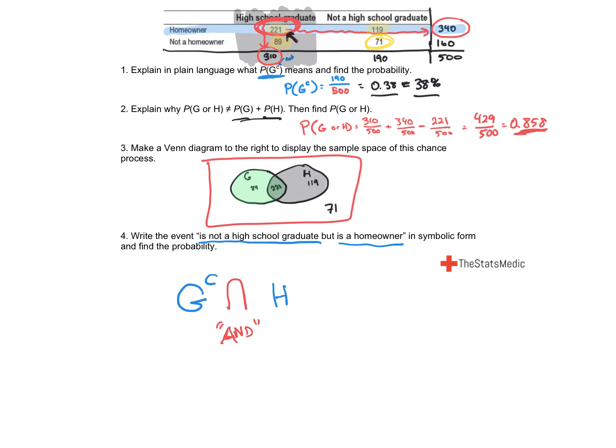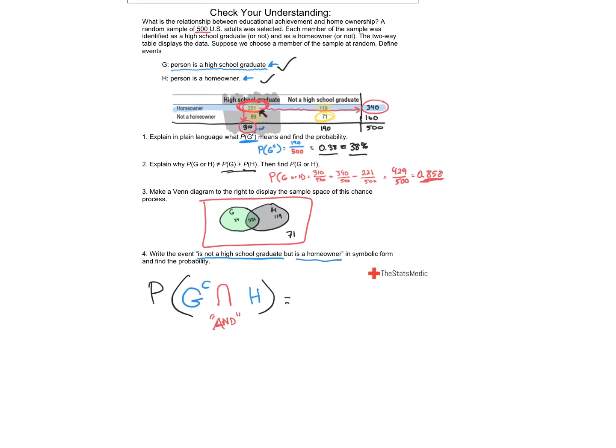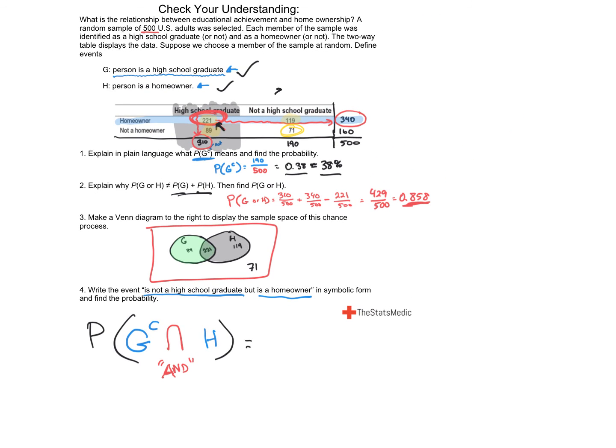But now if they say find its probability, then I'm going to go like this. What's the probability that that happens? So let's go check it. Right? Not a high school graduate. That's these people here. And a homeowner. That's these people. This is the overlap. The 119 are both out of the 500. Right? 119 divided by 500.